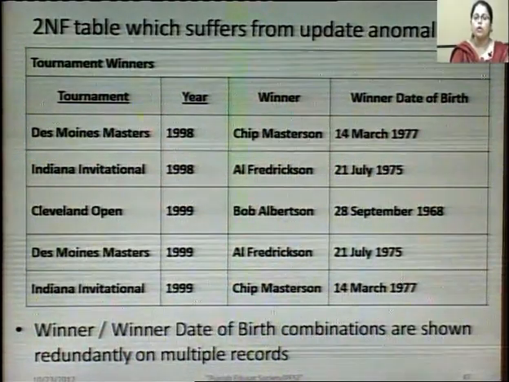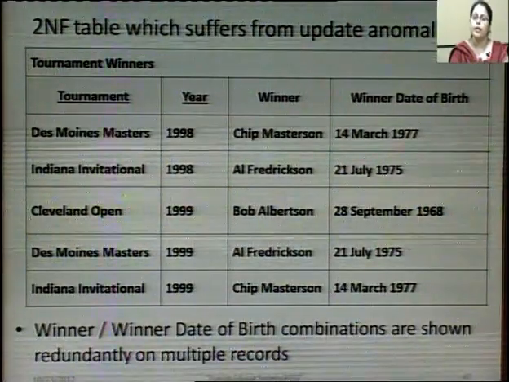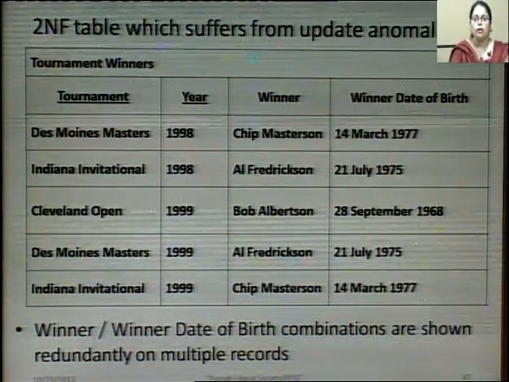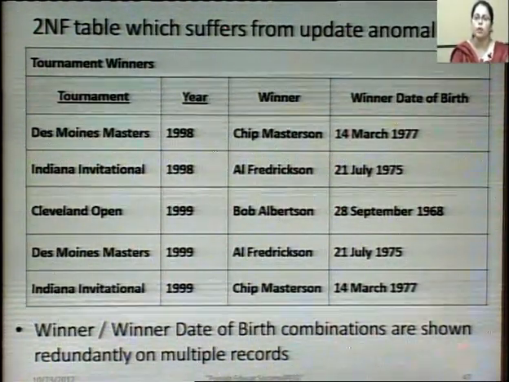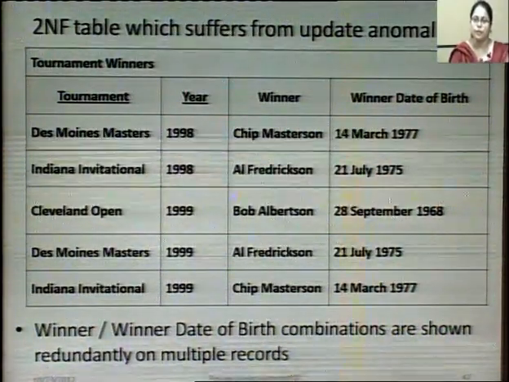Here winner and winner date of birth combinations are shown redundantly on multiple records. This relation is in second normal form because winner is a non-prime attribute and it is fully functionally dependent on the tournament and year.